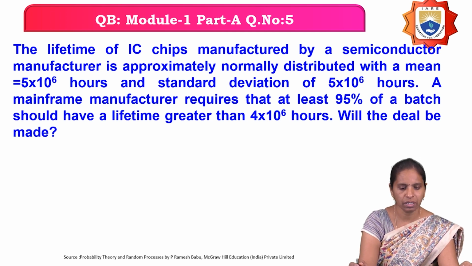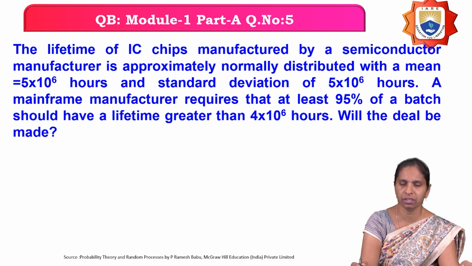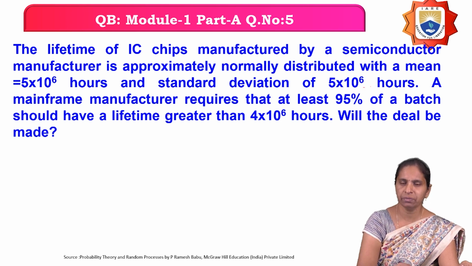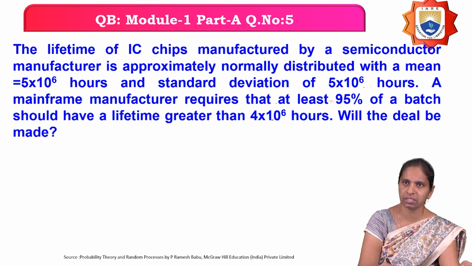Next question. The lifetime of IC chips manufactured by a semiconductor manufacturer is approximately normally distributed with a mean equal to 5 into 10 power 6 hours and a standard deviation of 5 into 10 power 6 hours. A mainframe manufacturer requires that at least 95% of a batch should have a lifetime greater than 4 into 10 power 6 hours.